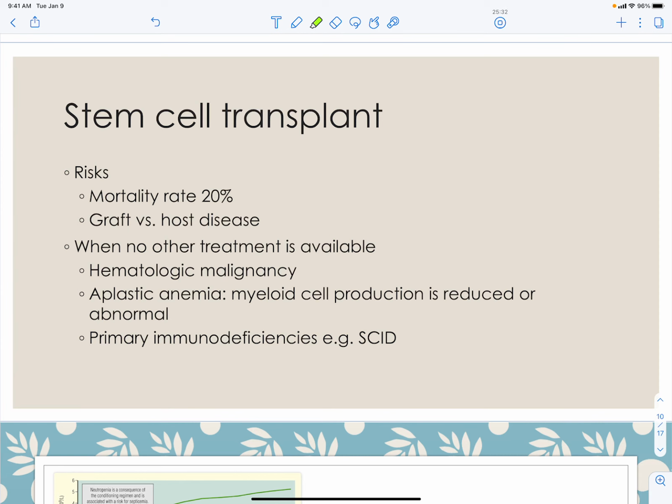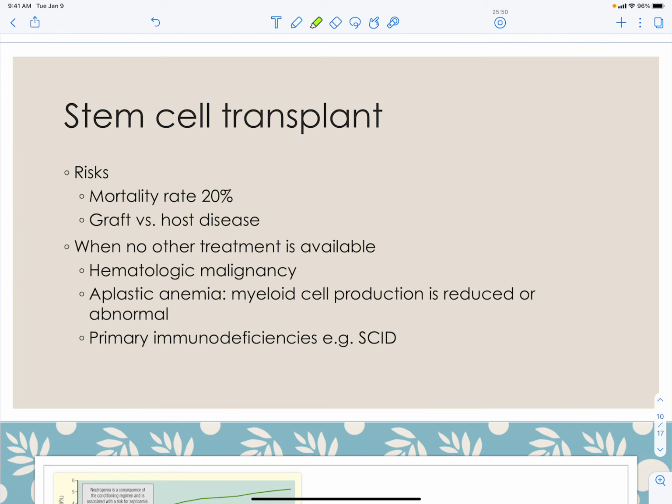Now, for stem cell transplant, these are going to be typically hematopoietic stem cells, and they're going to be used to replace either a myeloid or lymphoid cell, which is for some reason presenting with disease.